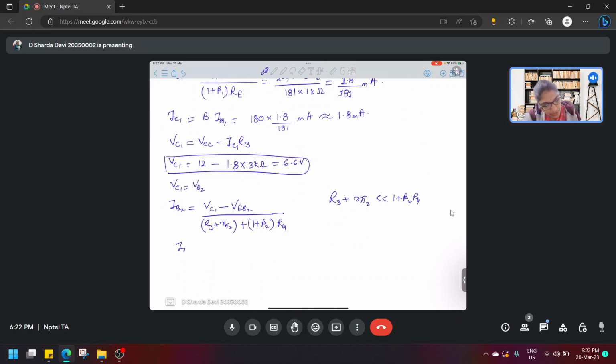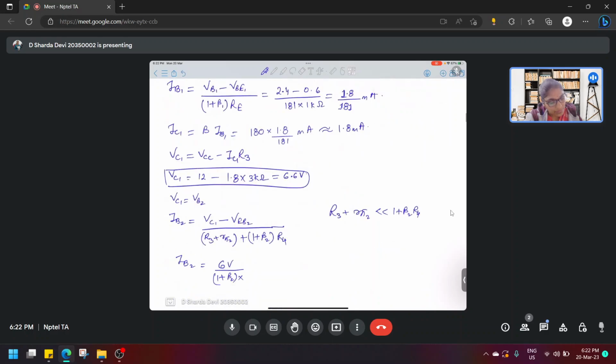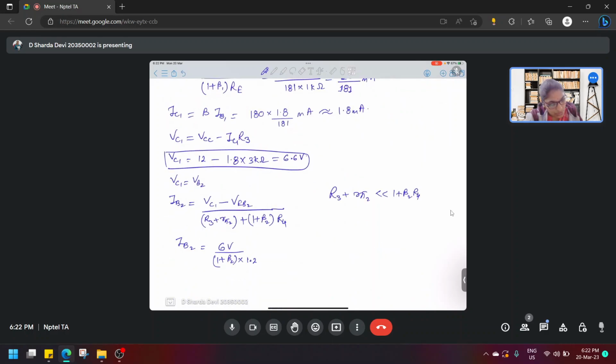So IB2 we will get as VC1 minus VB2, so it will be 6 volts, by 1 plus beta 2 into R4, how much is R4? 1.2 kilo ohm. So that is 5 milliamperes by 1 plus beta 2.